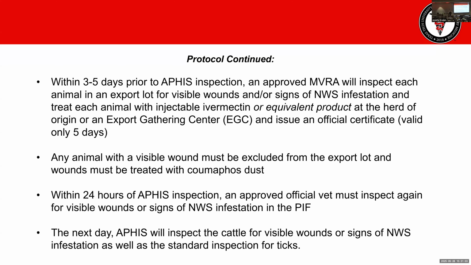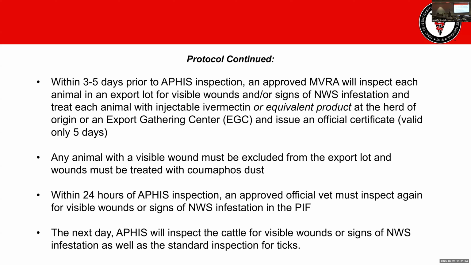So basically, they have to step back from when they bring those cattle to the port, basically 3 to 5 days, and it has to be within that window. No shorter than 3 and no longer than 5. And so these cattle have to be inspected by basically this MVRA.